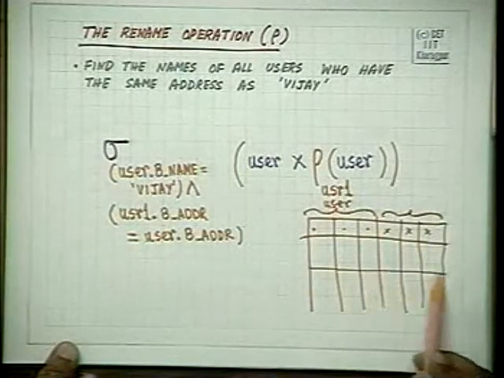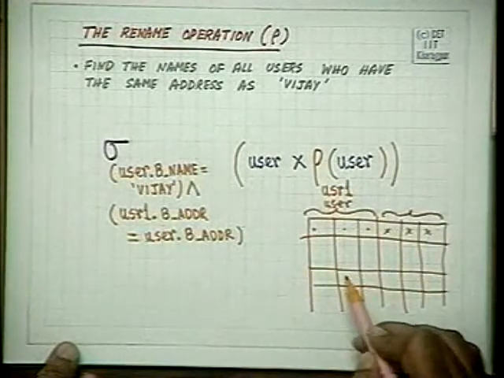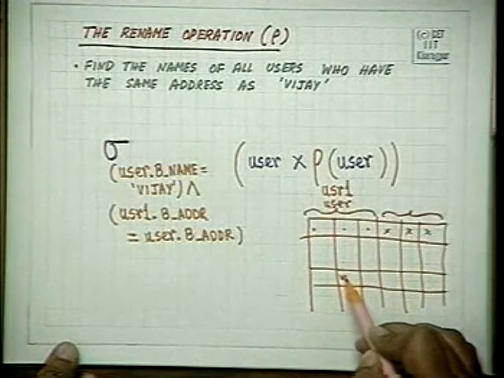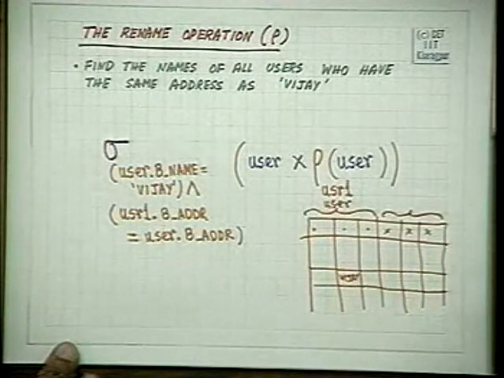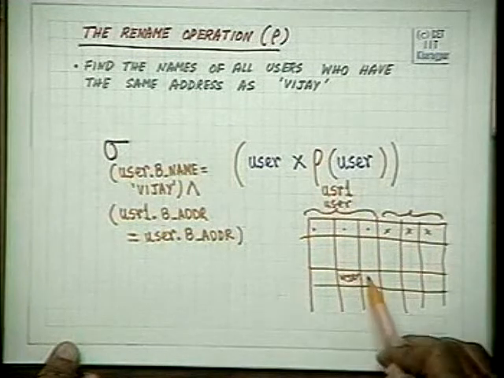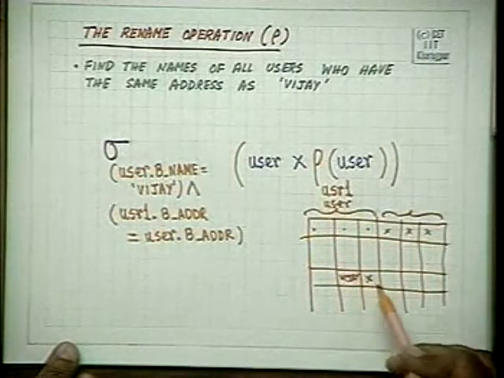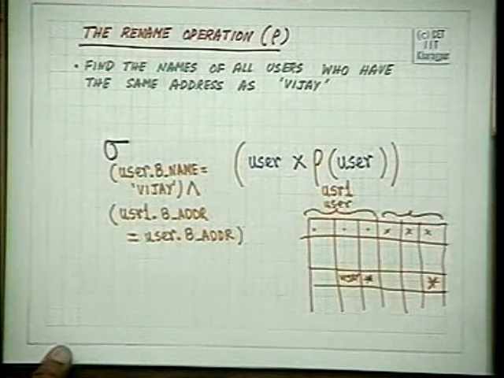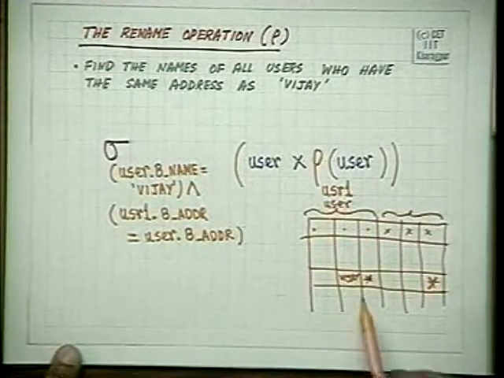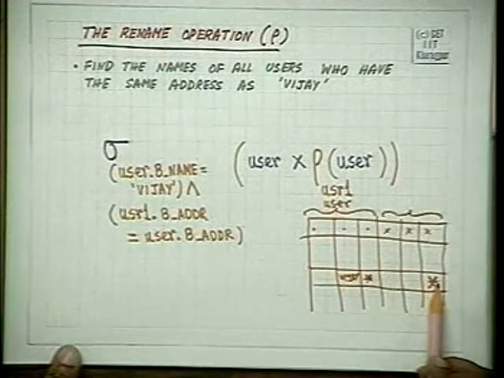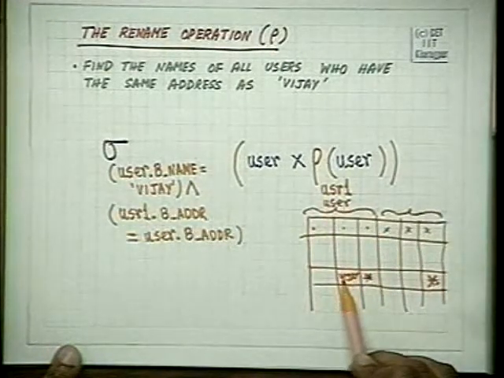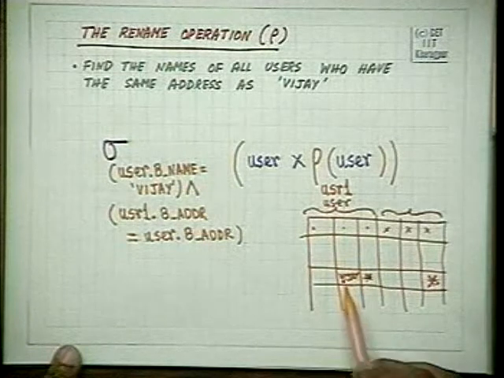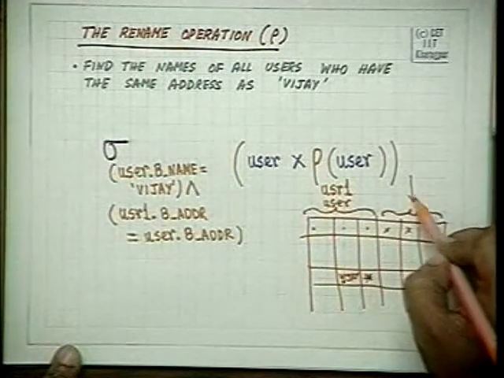In this, we have selected all tuples which have Vijay, and the address here must match with the address here. So the addresses are the same, the name here is Vijay, and what do we want? We want this name out.